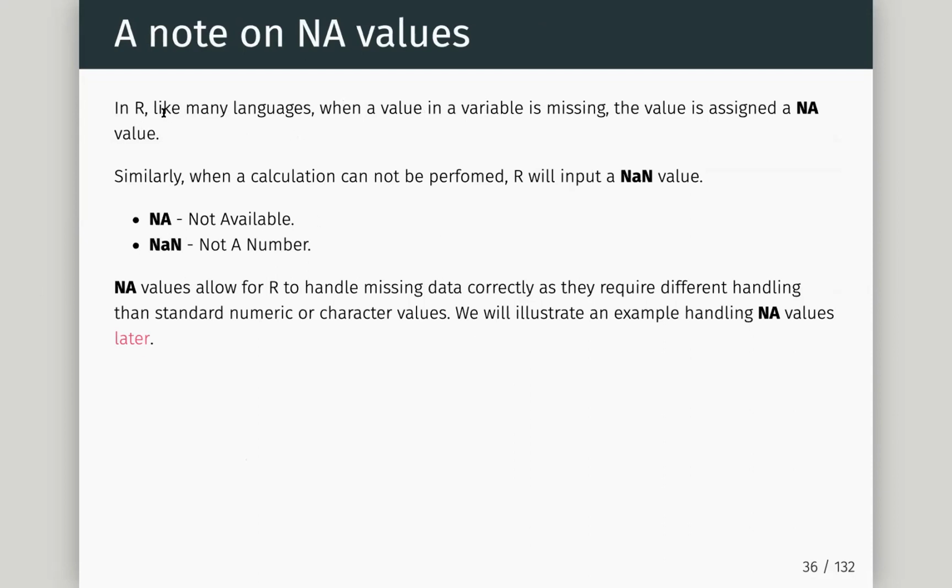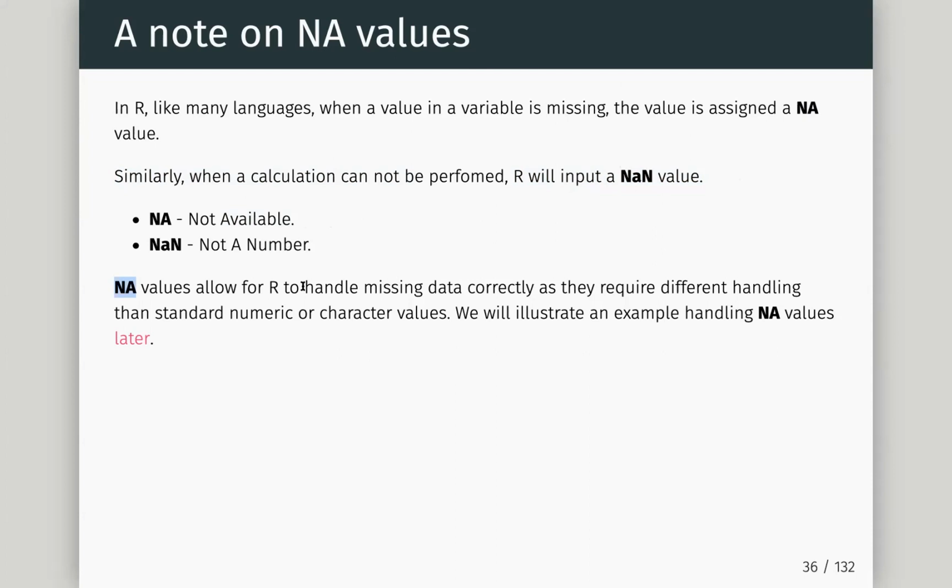Like many languages, when a value in a variable is missing, the value is assigned NA. Similarly, when a calculation cannot be performed, R will give NaN. So when it's something divided by an impossible number or a character, it's going to tell you this is not a number. NA values are handled specially in R, rather than giving you an error or something else.